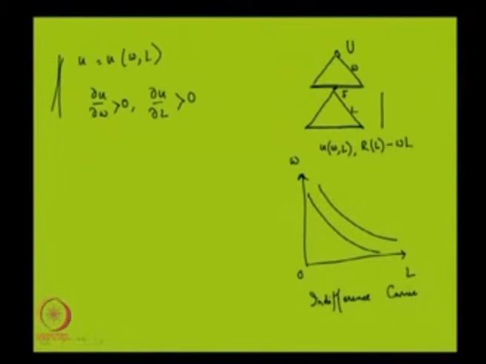So, the implicit assumption behind the convexity of the curves is that the second derivatives, that is del square u del w square and del square u del L square, are negative. So, the marginal utilities of wage rate and L are positive, but they are diminishing, and therefore, we have these convex indifference curves.